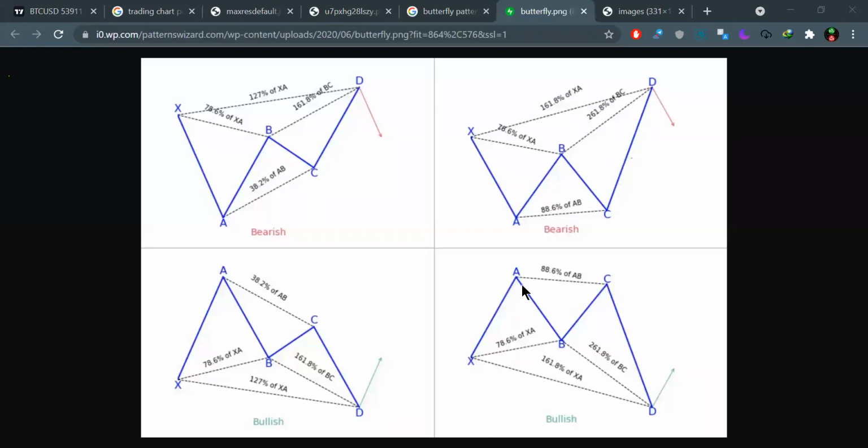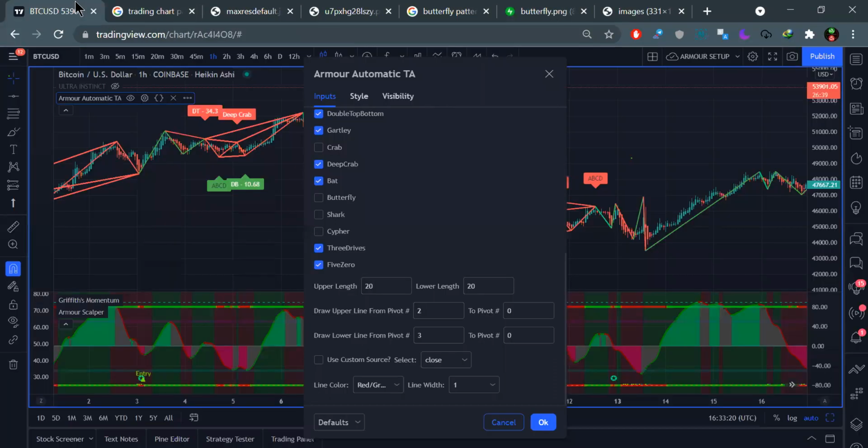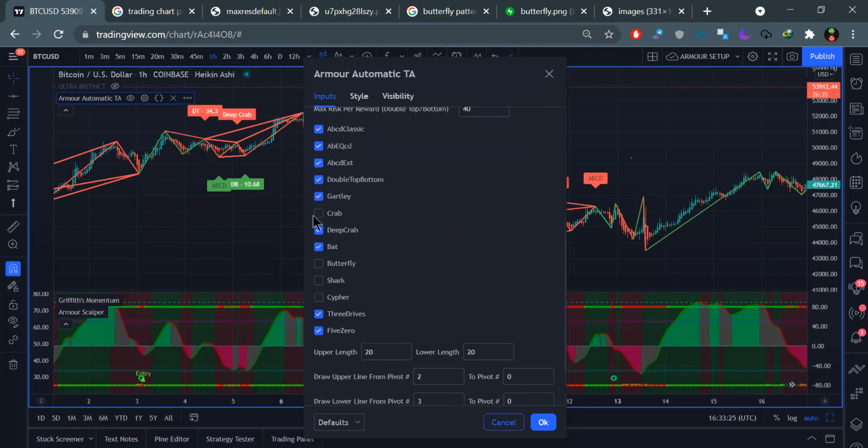It's kind of similar to the regular Gartley though. Yeah, similar. So here, A, B, C, D, and upside move. So there is not much difference between the crab and the butterfly and this Gartley.